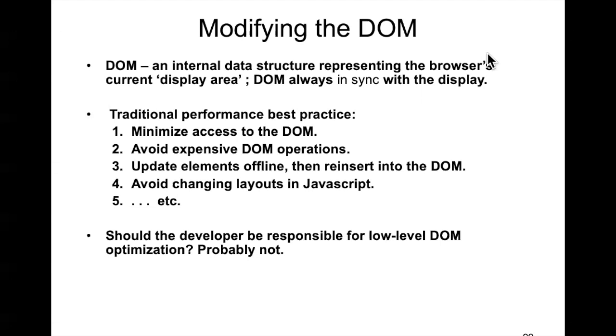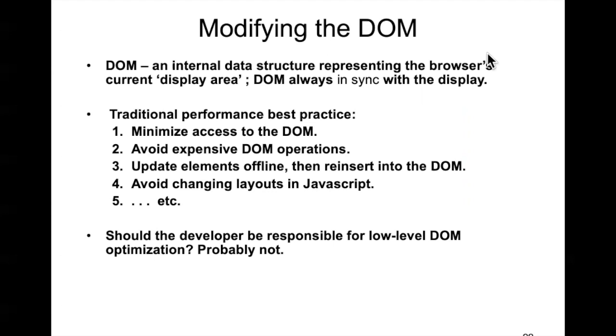Now, one of the decisions that the React design team had to make was, should they assume that all developers were equipped with the necessary knowledge to make those good and bad implementation decisions when they were developing their web apps? And they probably made the decision that perhaps not.